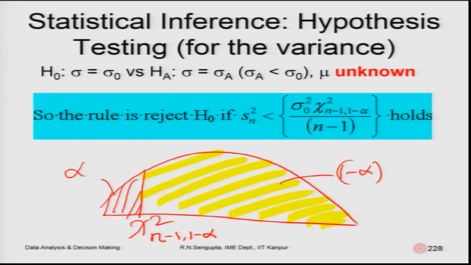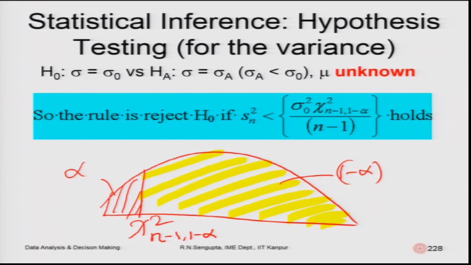So, this is the hypothesis testing for the case when under h naught sigma is equal to sigma naught, under h a sigma is equal to sigma a, but sigma is less than sigma naught and mu is unknown.